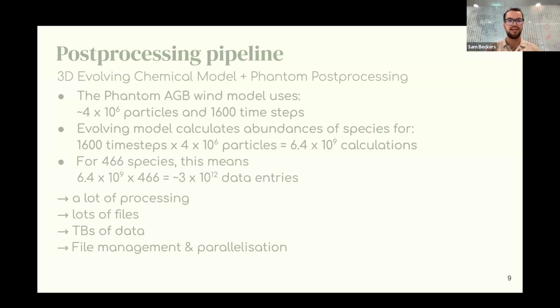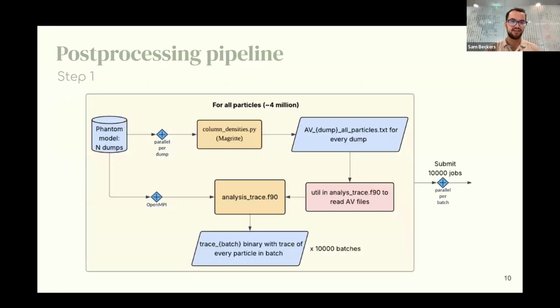The pipeline that I designed does that by first going through all the particles. We get the Phantom model and we calculate column densities with Mocassin with ray tracing and get that into an analysis module that also gets the other parameters, so the coordinates, the density, and the temperature.